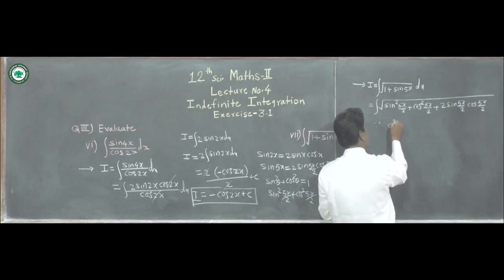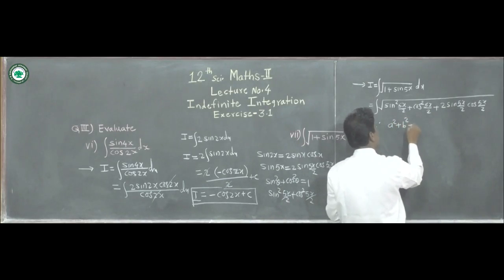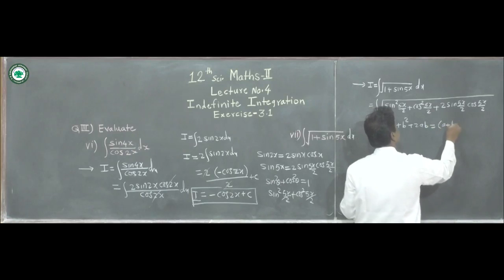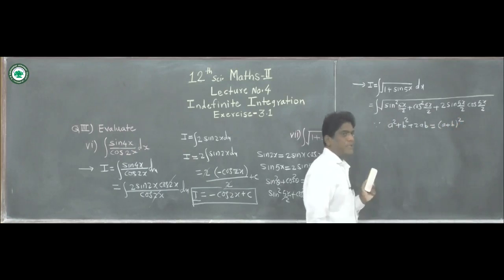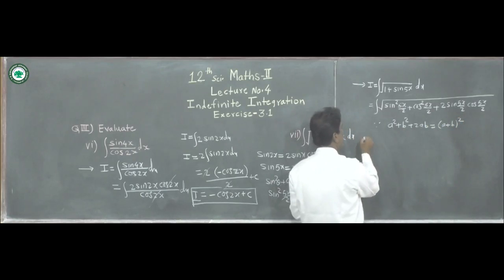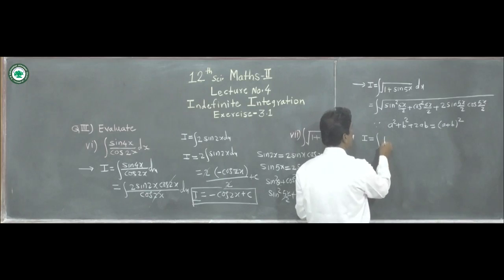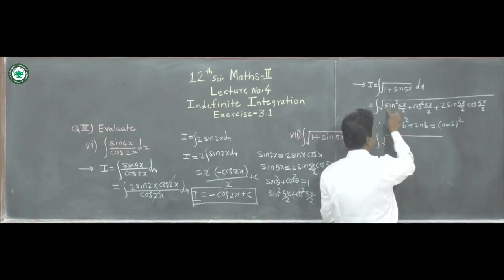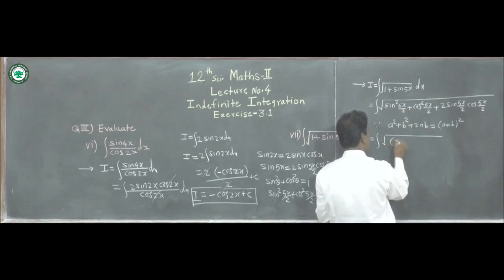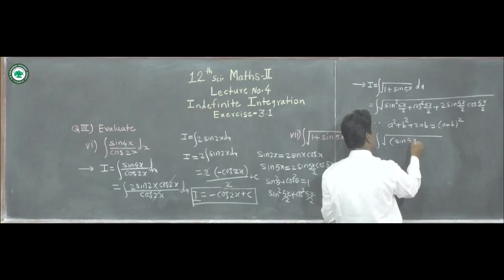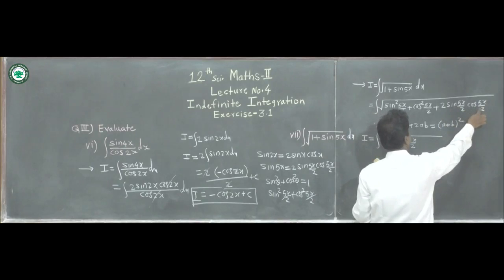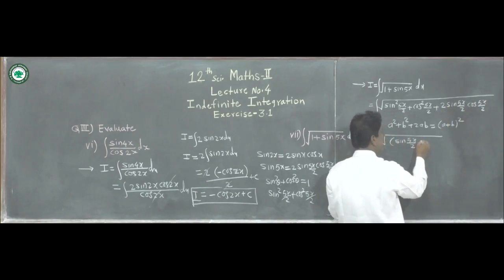Since a square plus b square plus twice ab is the complete square of (a plus b) whole square, we write the required integral I as the integration of the square root of (a is sin of πx upon 2, the middle term is 2 times sin πx by 2 cos πx by 2, its sign is plus, so the middle sign is plus.